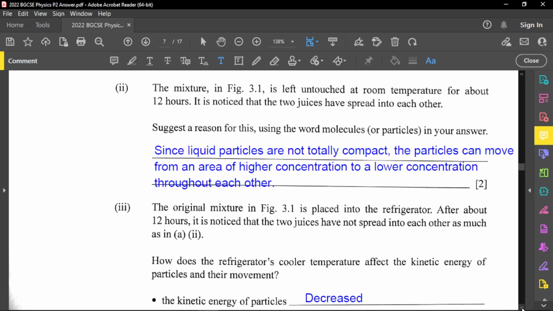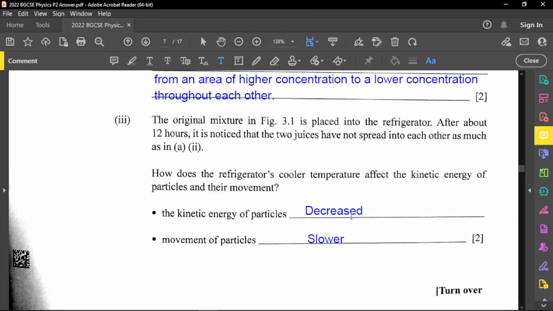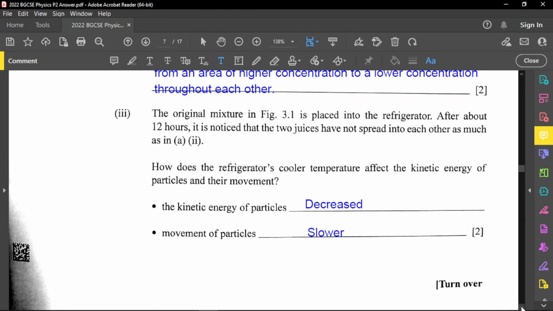Let's look at the kinetic energy. It will decrease. The energy decreased simply because higher temperature will produce more heat energy, and heat energy will be converted into kinetic energy. And so the movement of particles will be slower, simply because they have less kinetic energy.